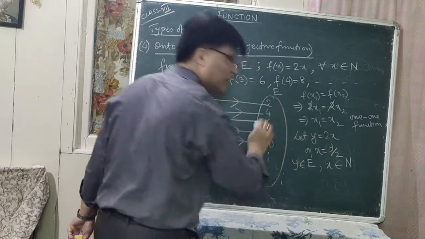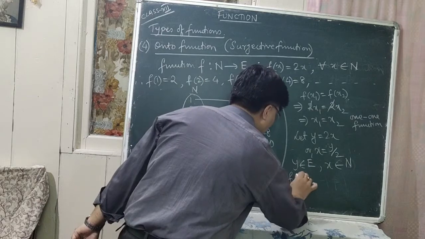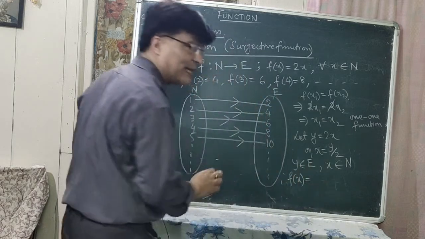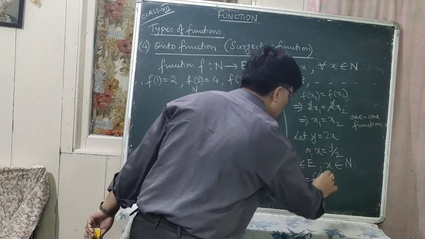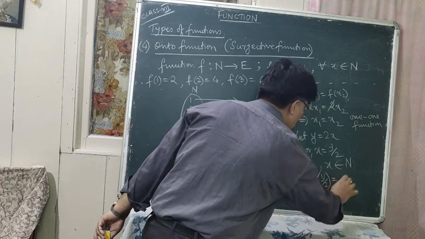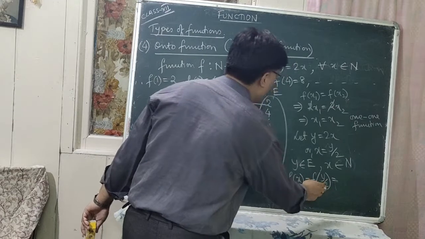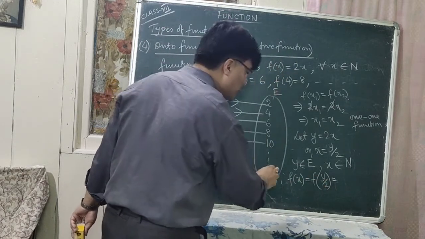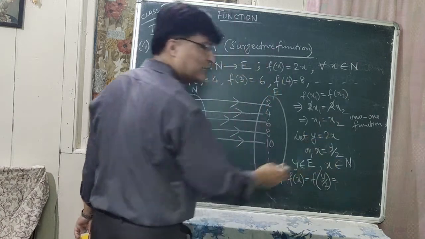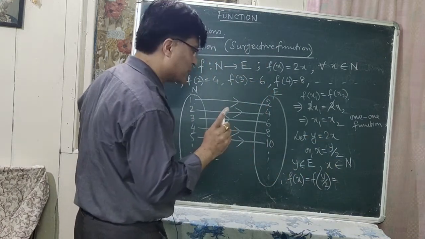So therefore f of x, you should prove it as y. So f of, instead of x, what should you put? Y by 2. What is f of y by 2? Actually f of x is equal to 2x is there, isn't it? Now you have to prove this f of x is equal to y भनेर प्रुभ गर्नुपर्छ. ठीक छ?